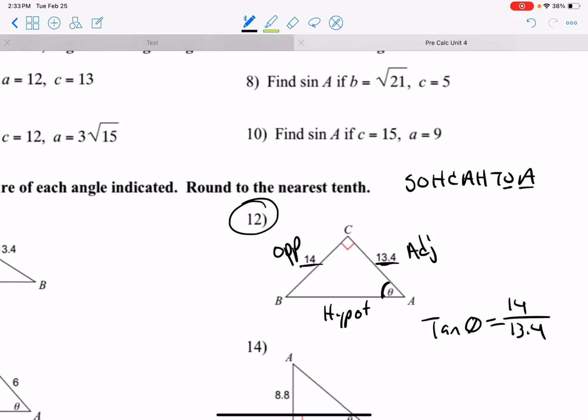And now here's where I do. I just got to get rid of tangent. So the tangent of theta, the way I get rid of tangent is to take an arctangent, an inverse tangent, tangent -1. And I do tangent -1 right there. So these cancel.